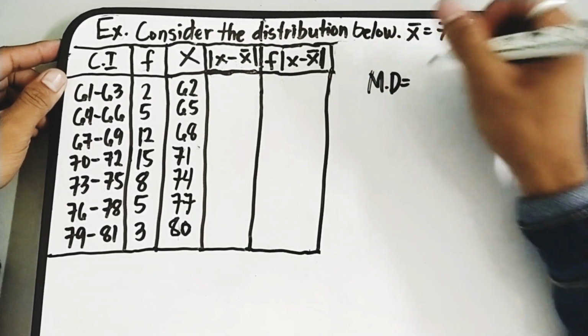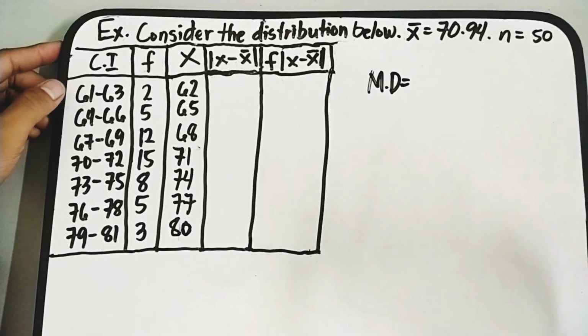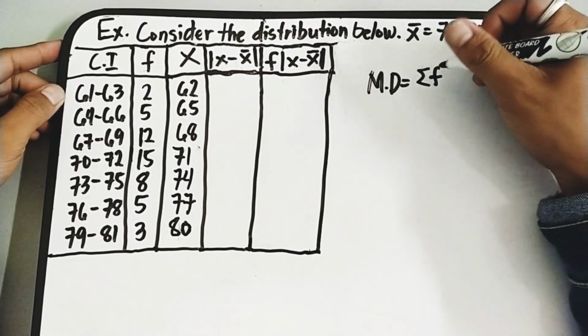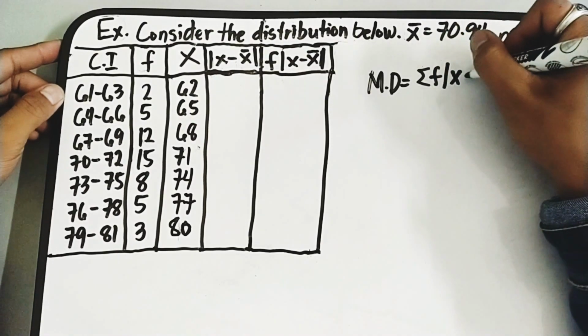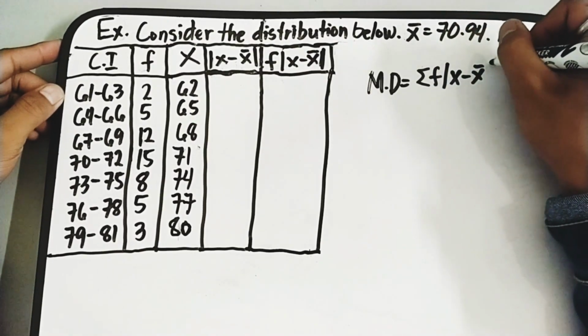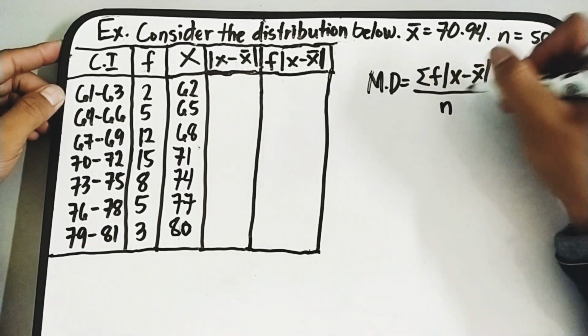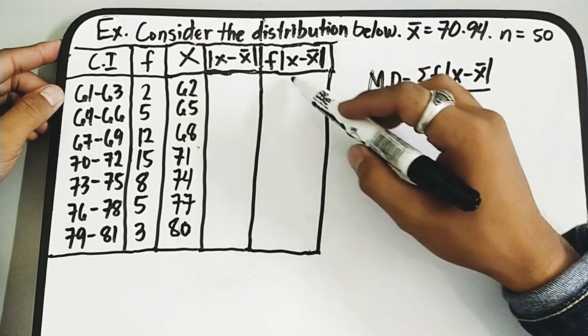So mean deviation of group data, our formula here is summation of the frequency times the absolute value of x minus sample mean, all over our n. So meron na tayong n, ang hahanapin natin ay ito, tsaka to.